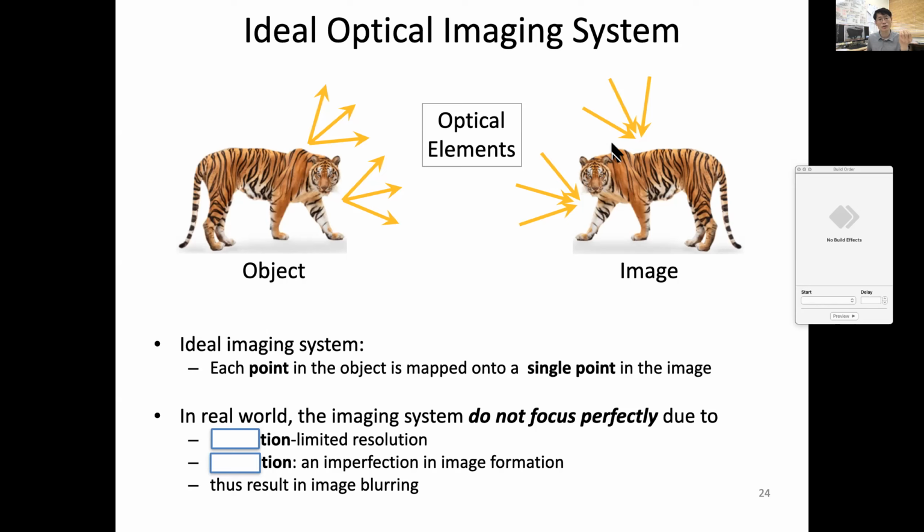This is very important for whoever deals with an imaging system. That's about resolution. So in the real world, the imaging system actually does not focus perfectly. That's a problem, and we have to know where this limitation comes from and how we can overcome it.